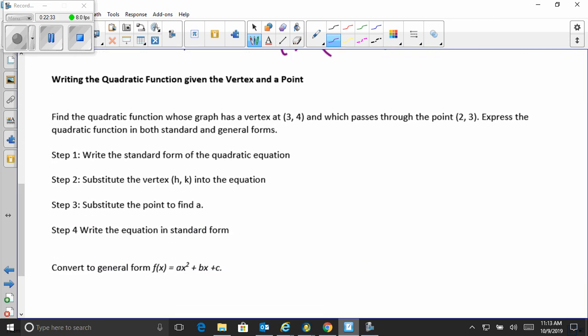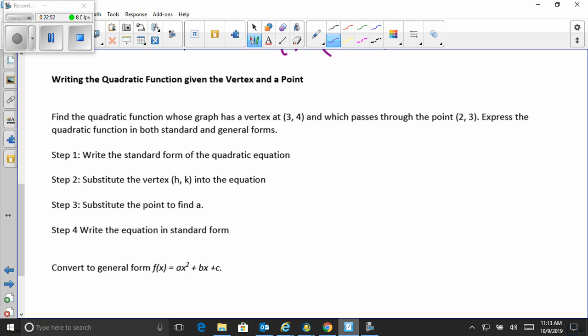What if you're given just the vertex and a point? Can you come up with the equation? Oh, you can. Being that you're given the vertex, you want to start by coming up with your vertex form, and then if you want to go to general form, then you can.